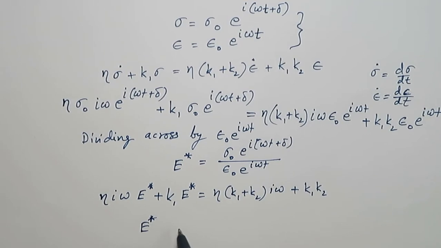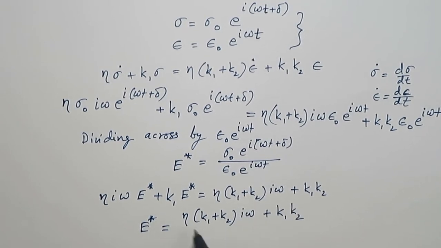Further simplification gives E star equal to [eta (k1 plus k2) i omega plus k1 k2] over [k1 plus eta omega i].